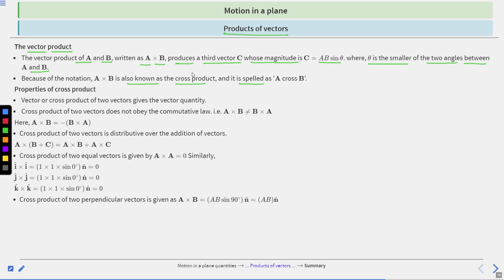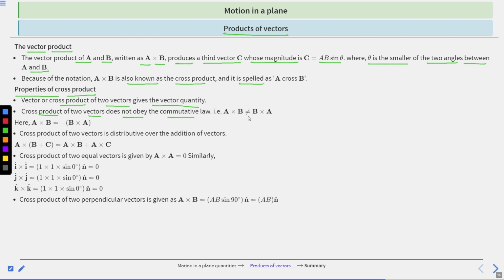So these are the properties of cross products. First, the cross product of two vectors gives a vector quantity. Clear? Here when two vectors are crossed, the third one is also a vector quantity. And the cross product of two vectors does not obey the commutative law.